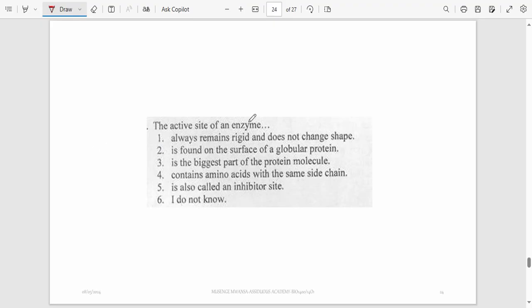The active site of an enzyme always remains rigid and does not change, is found on the surface of a globular protein, is the biggest part of the protein molecule, contains amino acids with the same side chain, is also called an inhibitor site. Which one would you pick amongst these?